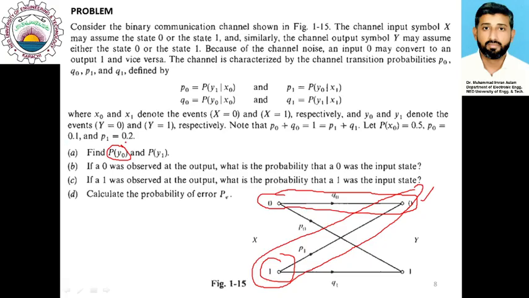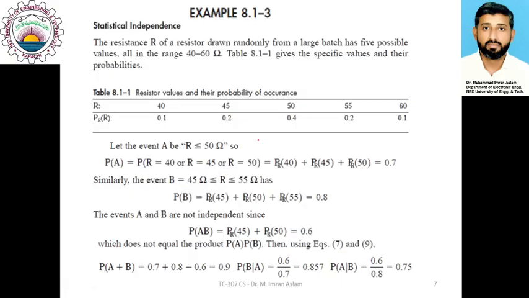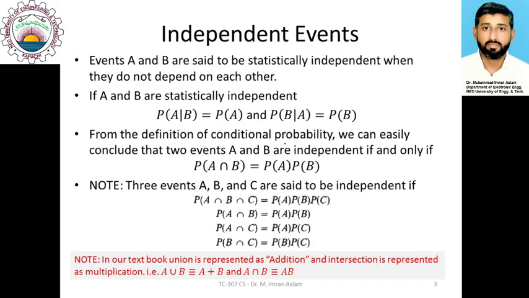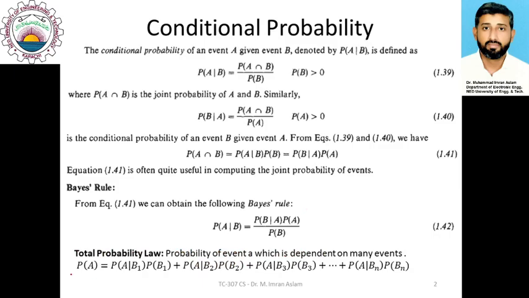Therefore, the probability of y0 should be calculated by the total probability law that I showed earlier. Let me go back to that slide. So this is the total probability law: if A occurs in different possibilities, you have to calculate the total probability by making the weighted sum of conditional probabilities.